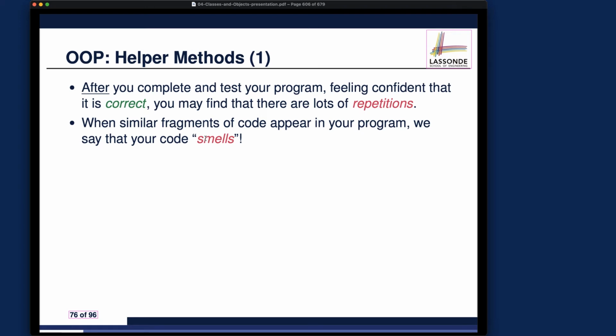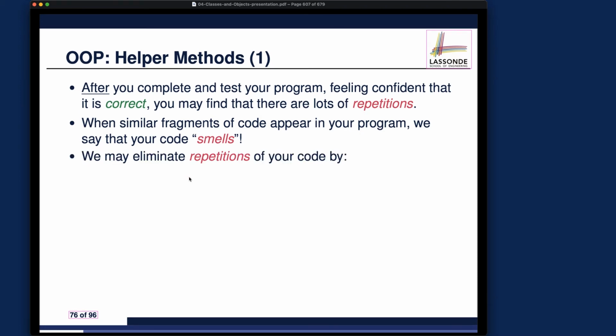It's something called the single choice principle. If you're interested, you can ask me in the Q&A, or you can drop by my office hour, and I can explain a little more to you. Otherwise, you will hopefully learn about it in your maybe 3rd year software design course. But for now, you just have to know, every time you see any repetition in your code, it's definitely a bad sign, and we can say your code actually smells.